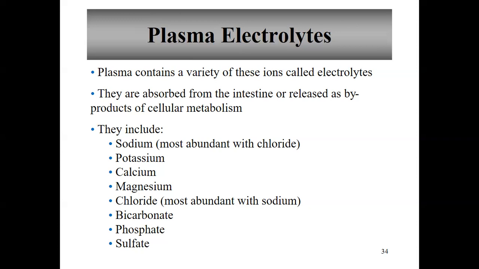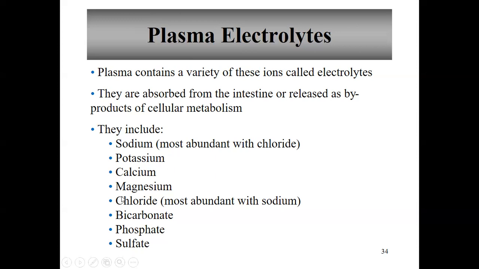These electrolytes include sodium. Usually you'll see sodium paired with chloride, but that's not the only thing it pairs with, but that is what it's mostly paired with. Sodium chloride, as you know, is table salt. Potassium is another electrolyte. We'll often see potassium chloride, potassium bicarbonate, potassium sulfate. So there are different types of potassium salts.